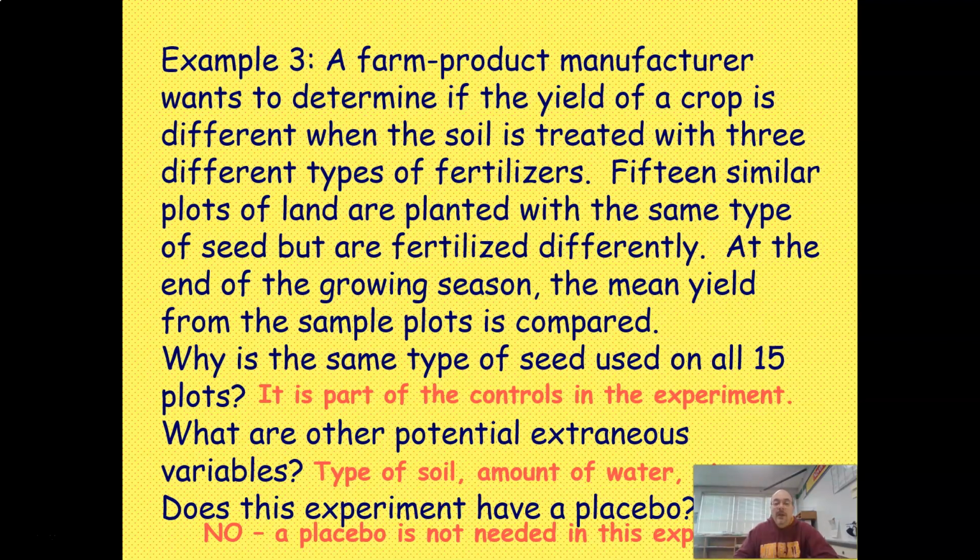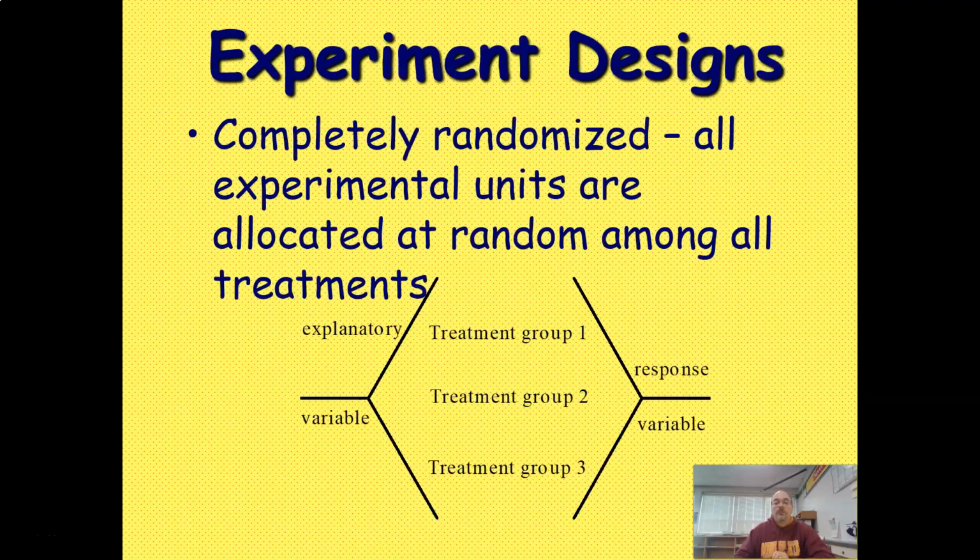Right, now this next diagram is very important that you know how to set up, and there are more detailed ones in the book. Please look at those. So this is what an experimental design looks like, completely randomized. All experimental units are allocated at random among all the treatments.